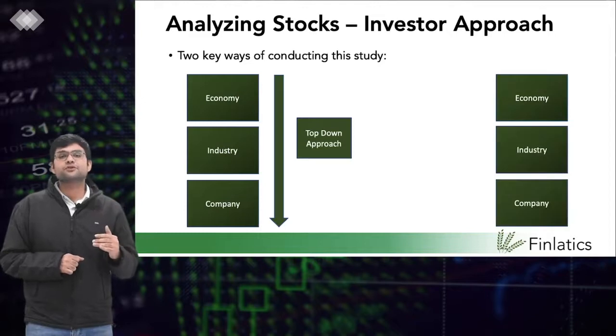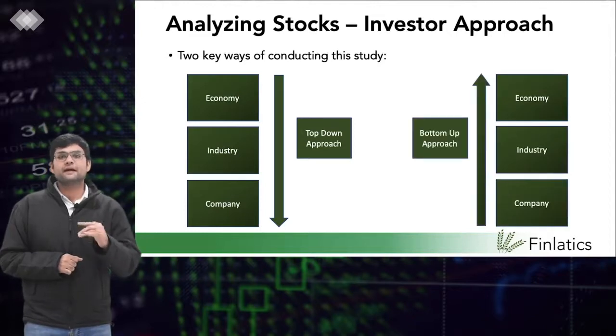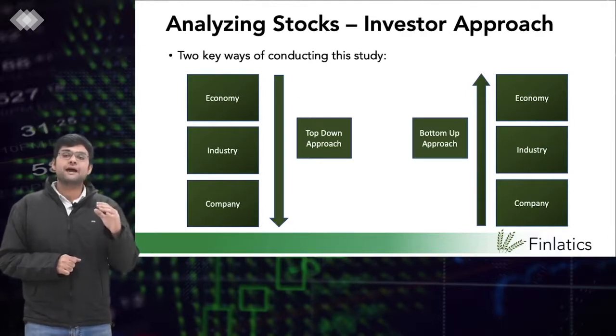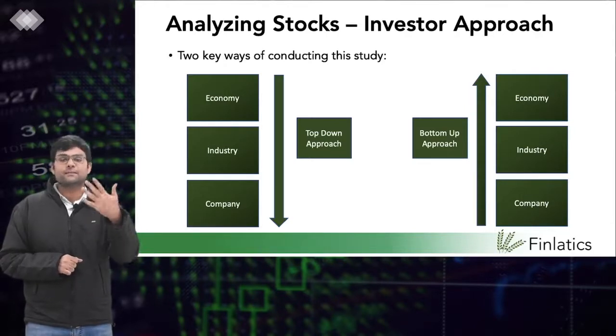The second approach is bottoms-up approach, where we first look at an individual company, then move on to look at the industry that this company operates in, and then move on and look at the broad economy in general.